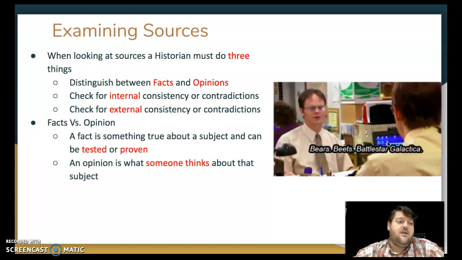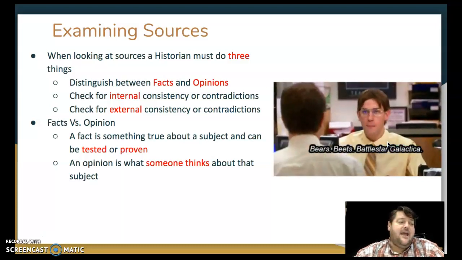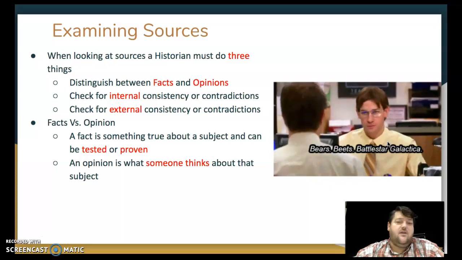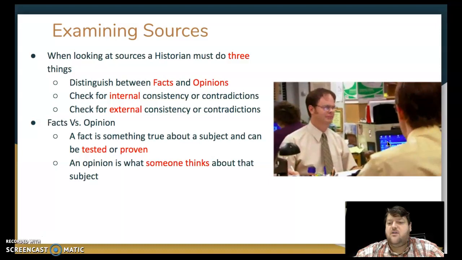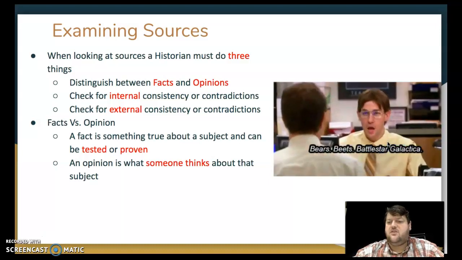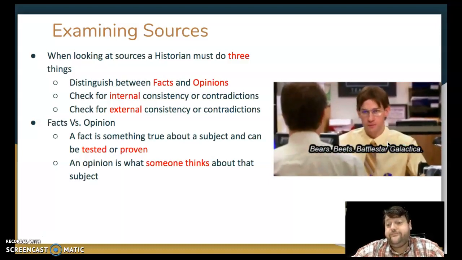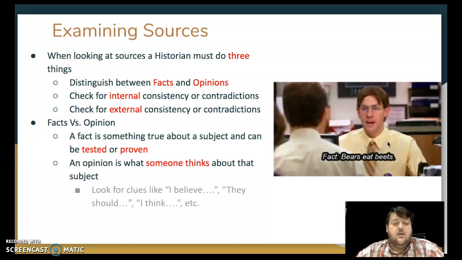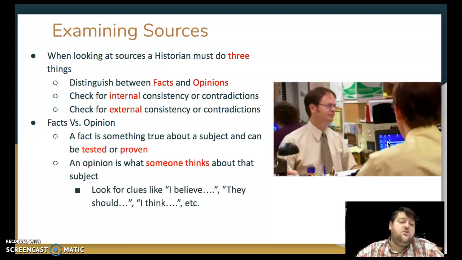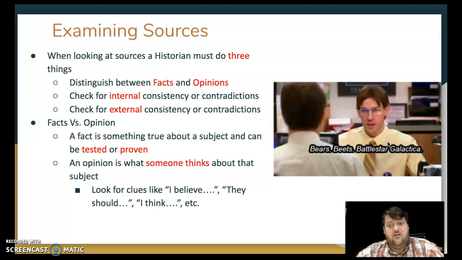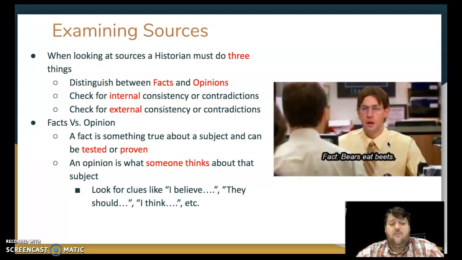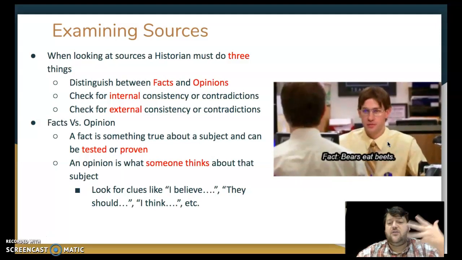Or an opinion might be that when the towers fell, that's going to be a tragedy that's remembered by everybody for hundreds of years. That's an opinion. Okay? So you see clues when it's an opinion, things like I believe, I think. The word I doesn't appear in a whole lot of facts. Okay? People are referring to their internal process.